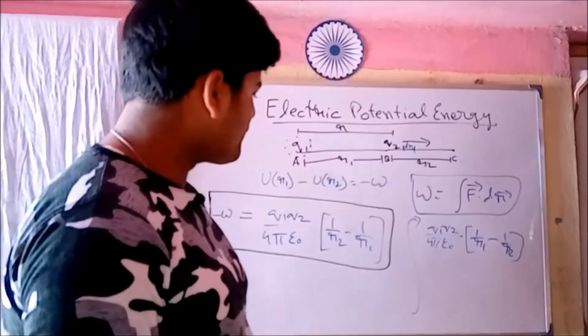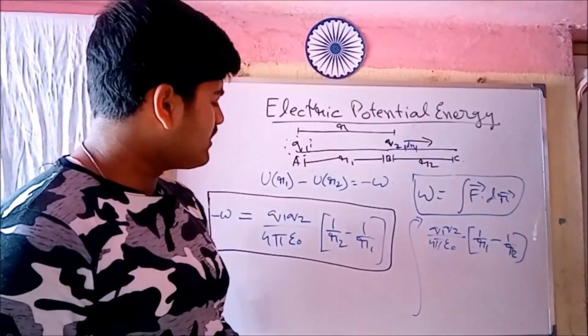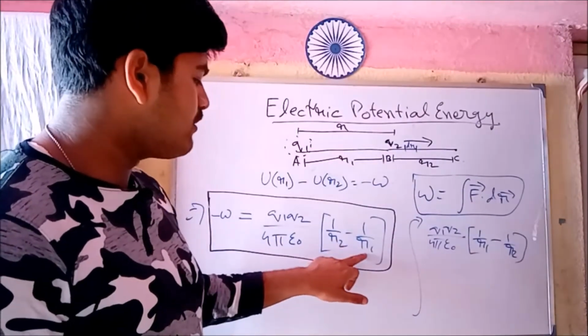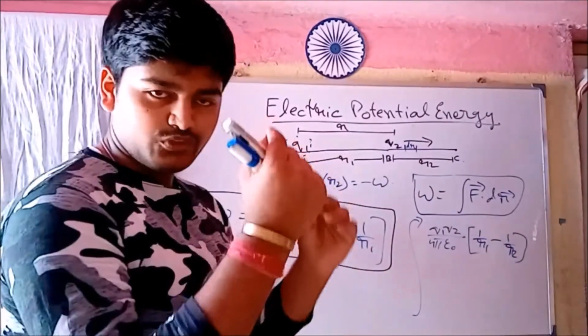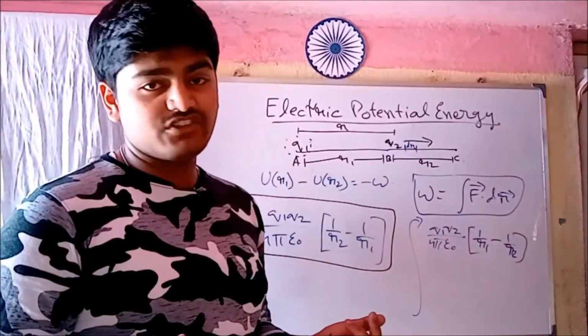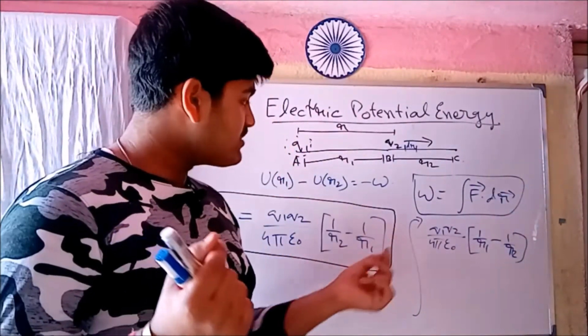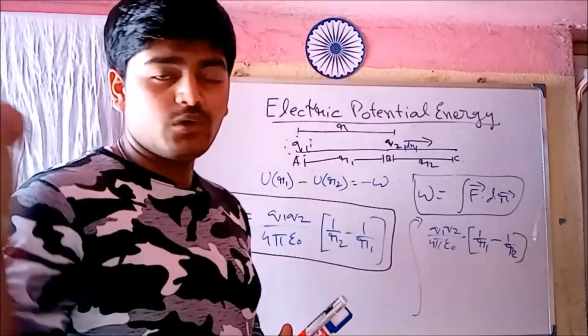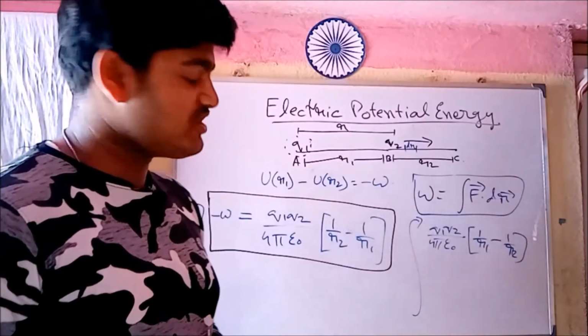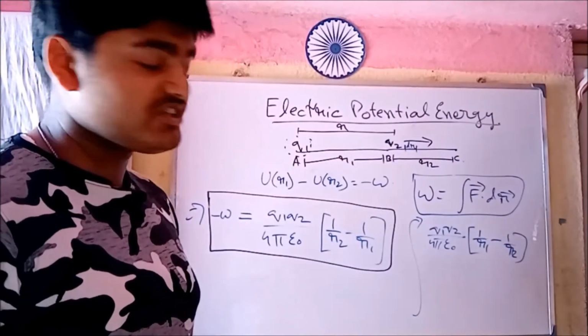So for that purpose, if we consider that the initial body was at infinity, as we got the definition of electric potential, that the work done in bringing a unit test positive charge from infinity to a point within an electric field is termed electric potential, and the energy associated with it is electric potential energy.